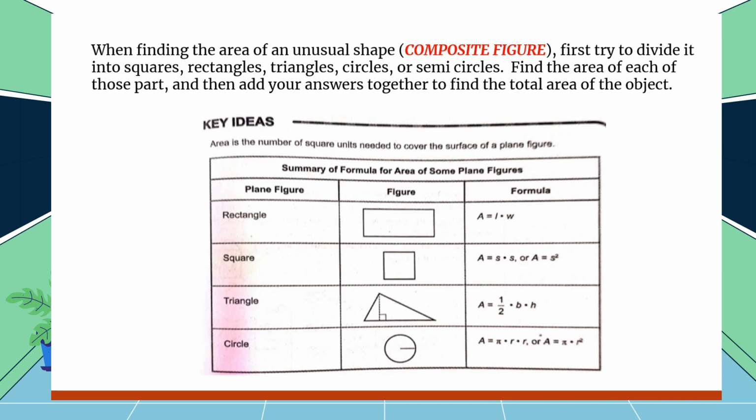So yun yung area of a square. And the area of a triangle is 1/2 times the base times the height. O pwede rin namang sabihin natin base times height divided by 2. And lastly, area of a circle is pi r squared. So pi normally is equivalent to 3.1416. Pero ang gagamitin lang natin ngayon ay 3.14. So, ready na? If yes, let us now begin.